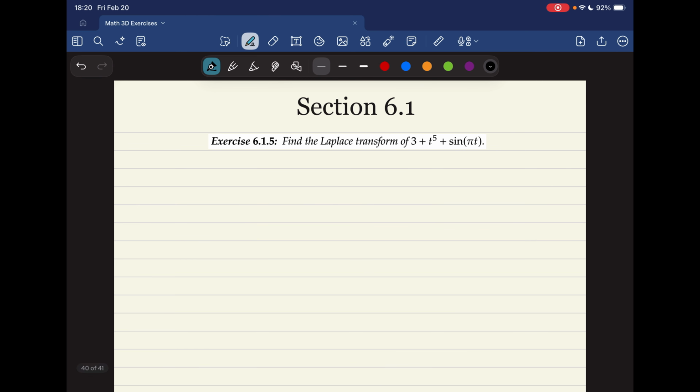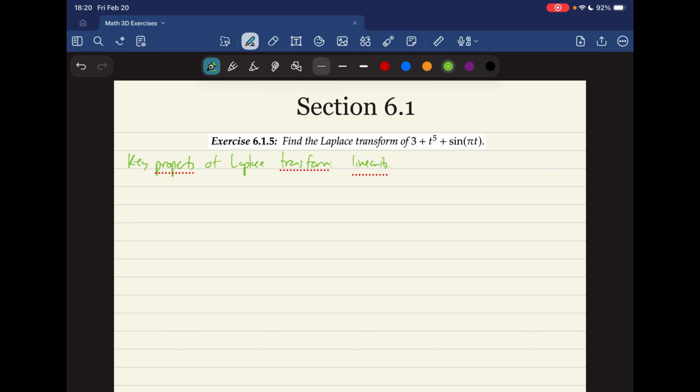Okay, so let's first do this exercise. The first thing we need to remember is a key property of the Laplace transform, and that property is linearity.